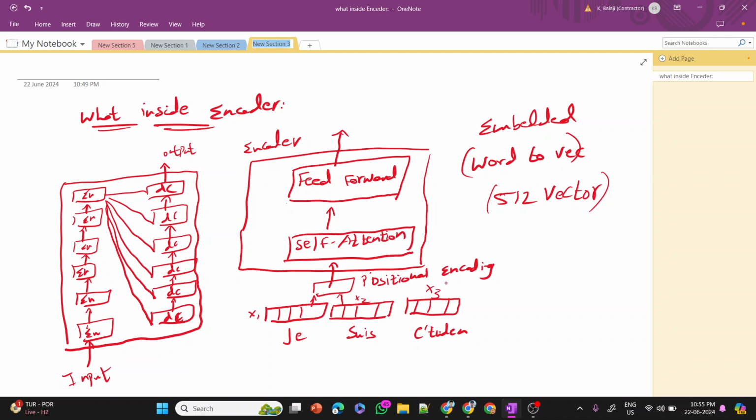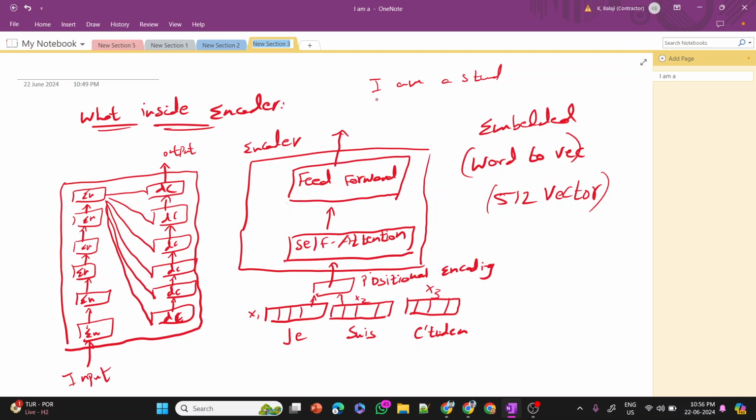For example, take the sentence "I am a student." These are four words. "Am" should come after "I." Like that, the transformer model should know where each word should be put.